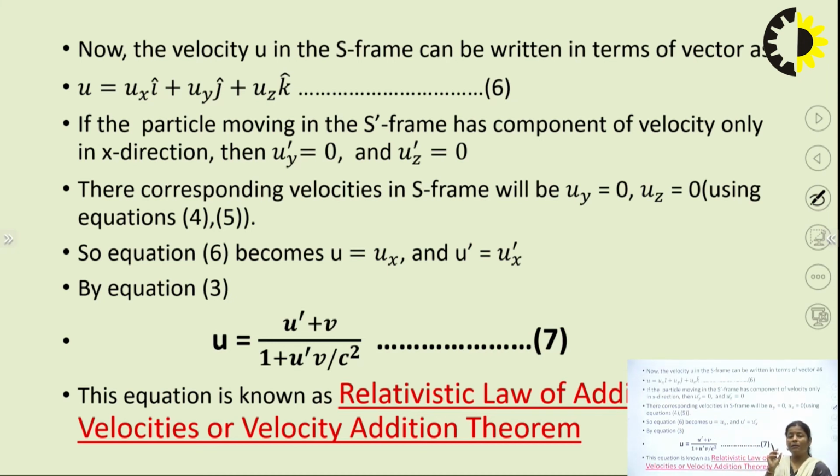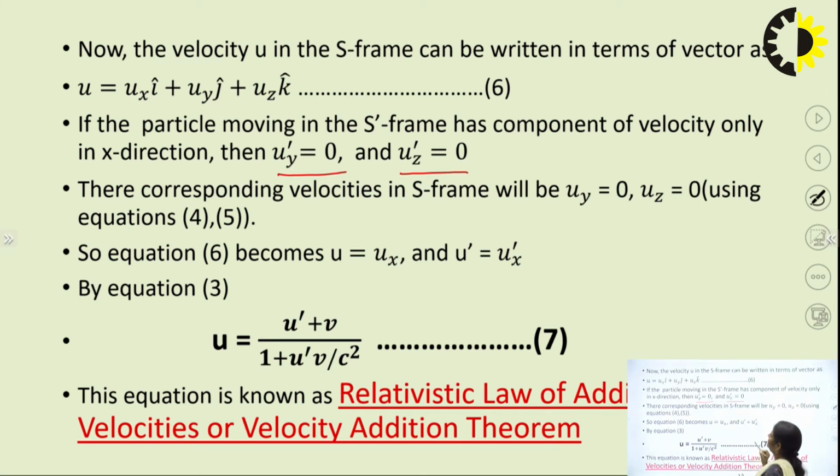It means that the particle is traveling in the x direction. It is not showing any motion in y and z. This activity is observed in the S dash frame. So for the S dash frame, uy dash, the y component of the velocity of the particle, goes to 0. It vanishes. And the z component uz dash also goes to 0.